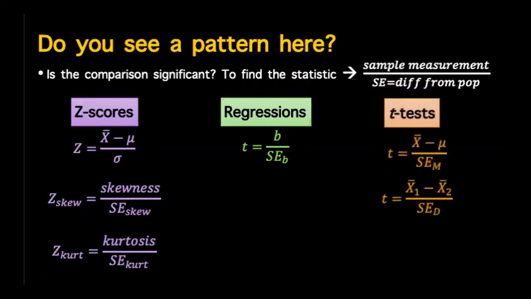And same thing in t-tests, again, inferring sample information to a population, we have to divide by standard error, either in the case of looking at the difference between a sample mean and an estimated population mean, or the difference between two means and where that actual difference would exist in a population.